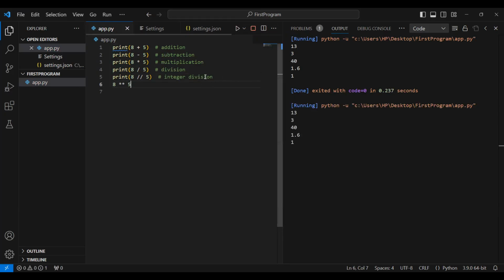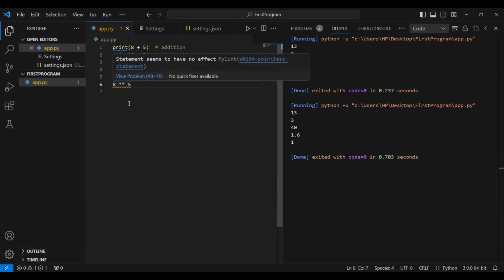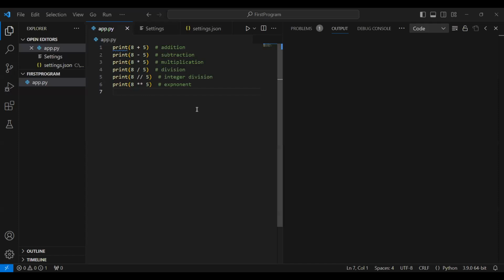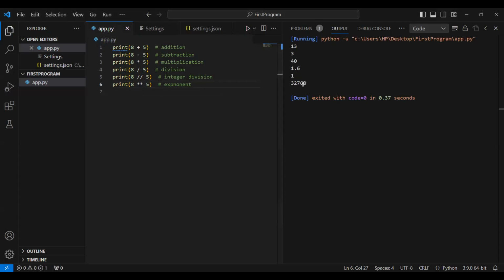If you save that and run, that's the exponent, 8 raised to power 5. If we print this, you'll get 32,768.